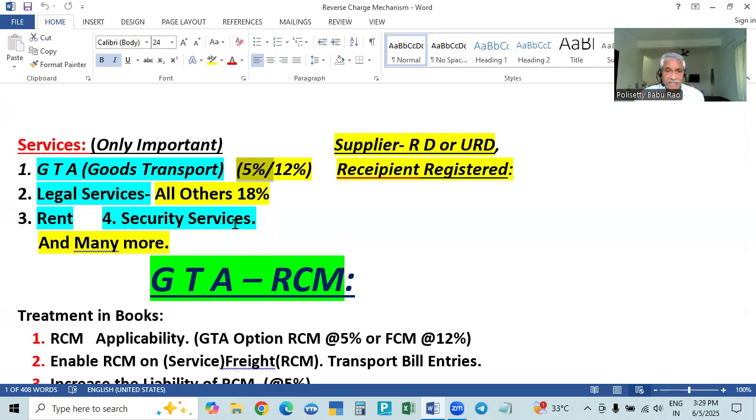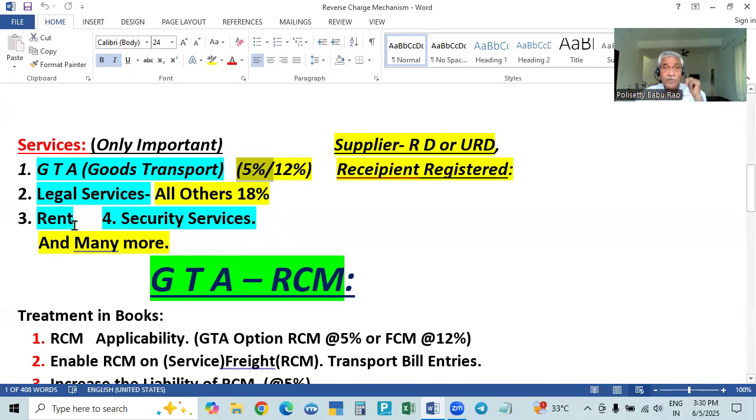And the buyer, the person who receives the security services, will pay the tax amount at 18% on the value to the government as a liability, and he can claim the ITC for the security service.